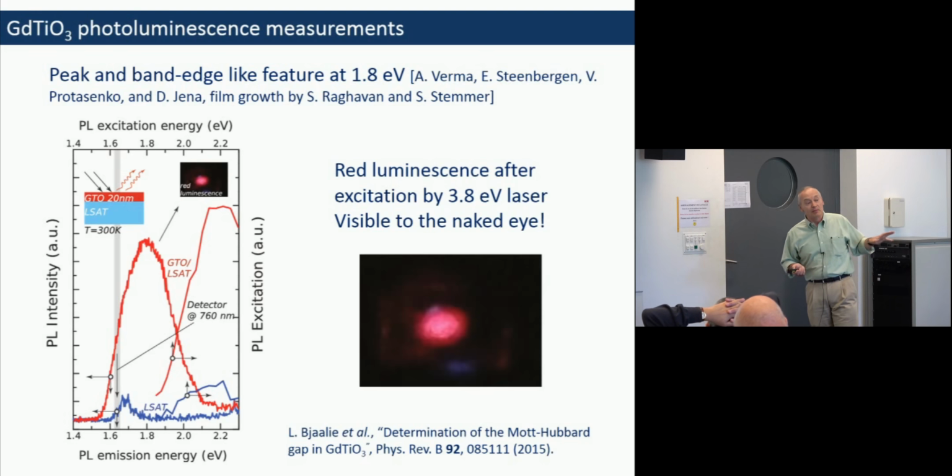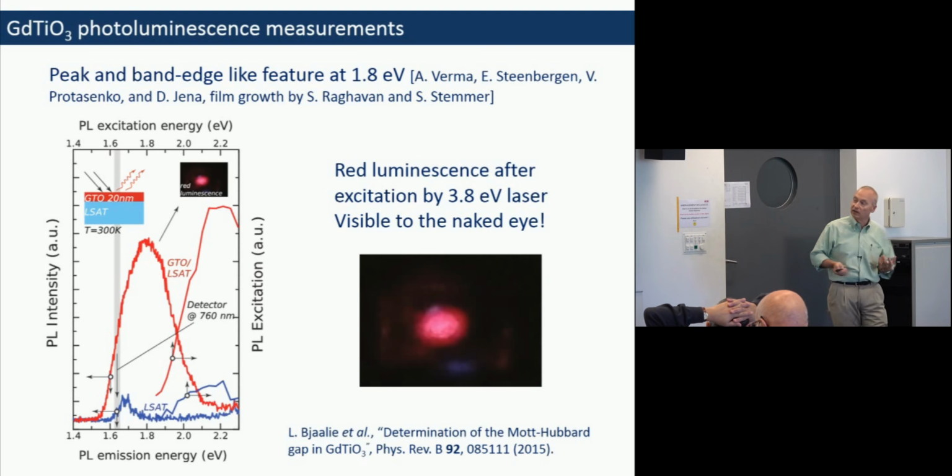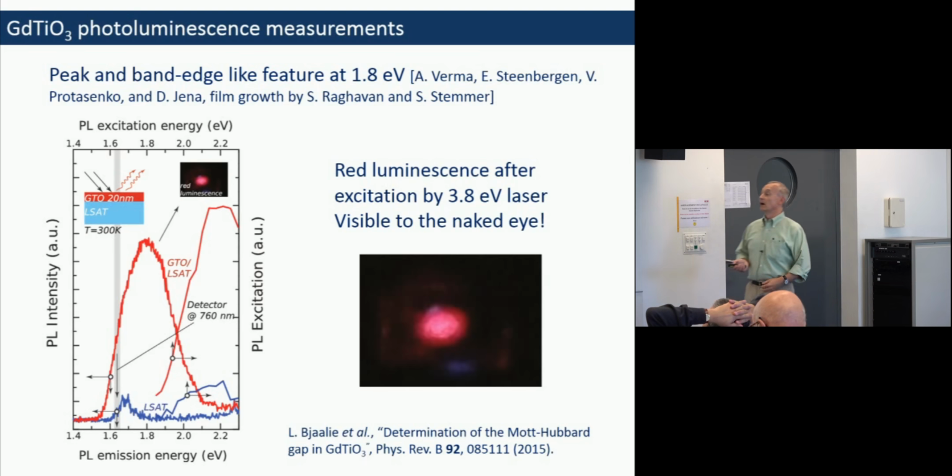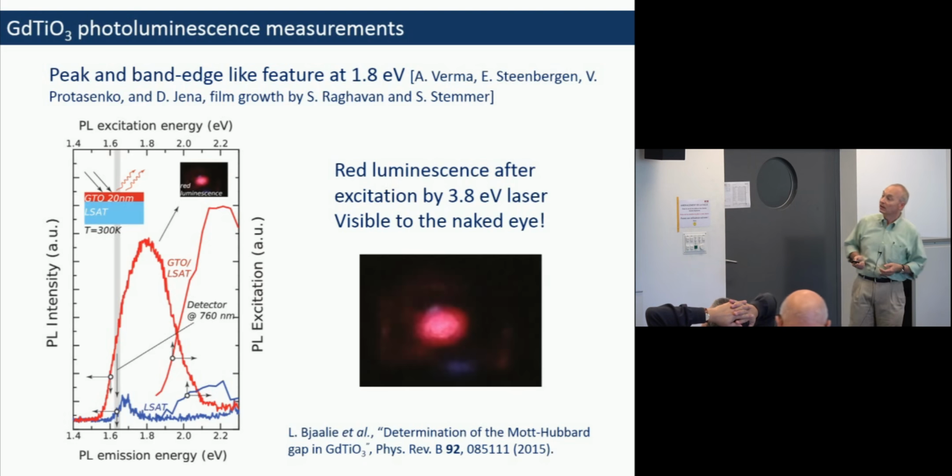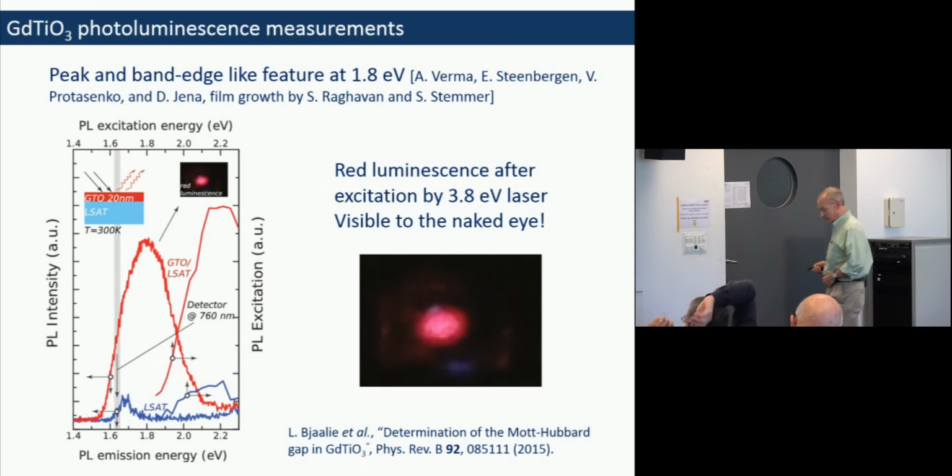Not quite the same as 2 eV, but very close, I think, within the computational error bar to what is found experimentally. Okay, so very strong red luminescence. So we eventually got the paper published by showing that our computational prediction did actually match this experimental value.